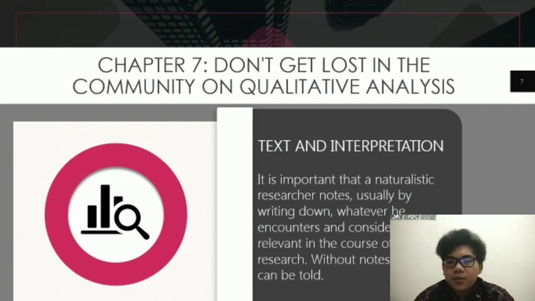These pages are filled with the scratch notes that have served as initial mnemonic support, such as various interpretations of the same field notes, observer comments that presented themselves, reflexive memos that came up, musings about emotions experienced, theoretical hunches, and so on. So, it is important that a naturalistic researcher notes whatever he or she encounters and considers relevant.